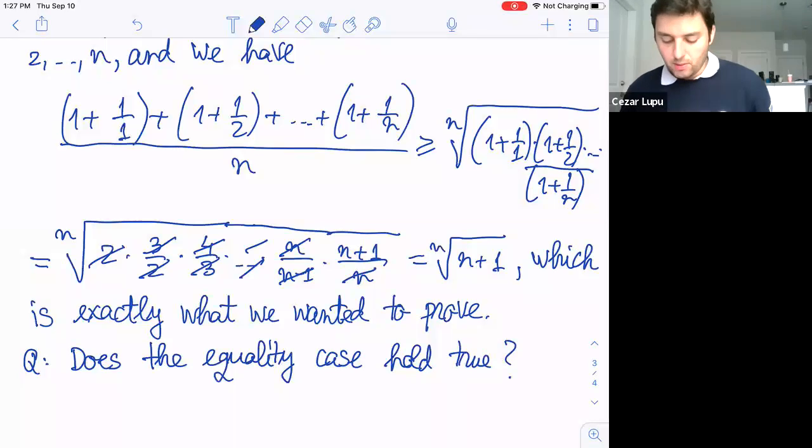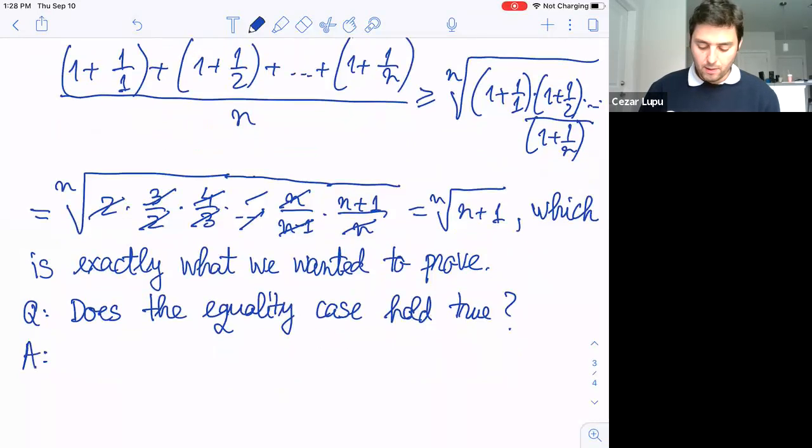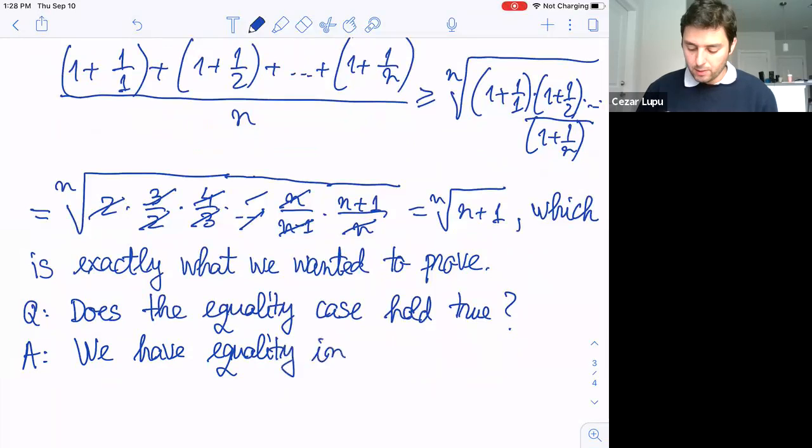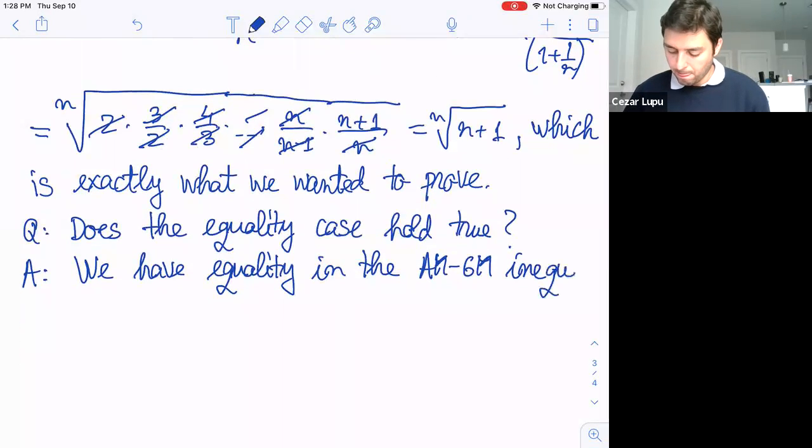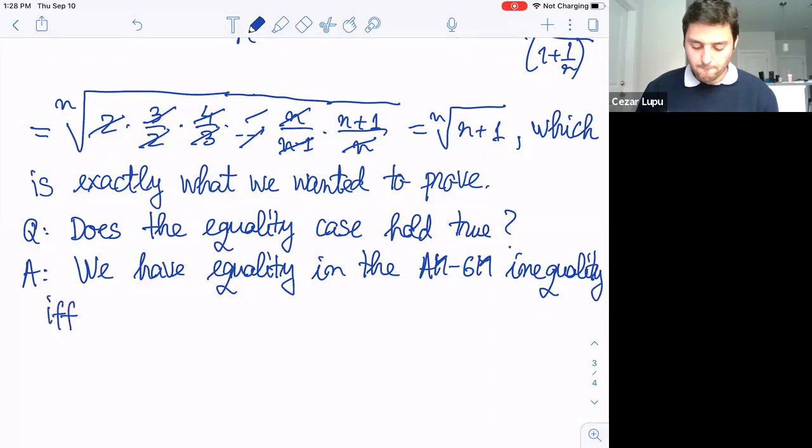Well, when do we have equality in the AM-GM inequality? When all of them are equal. So in our case, we have equality in the AM-GM inequality if and only if all those alpha i's are equal.